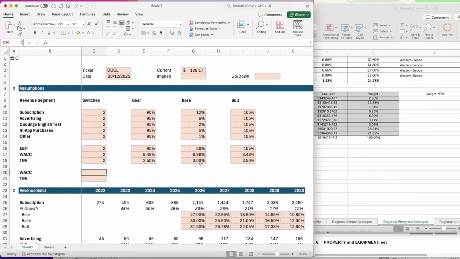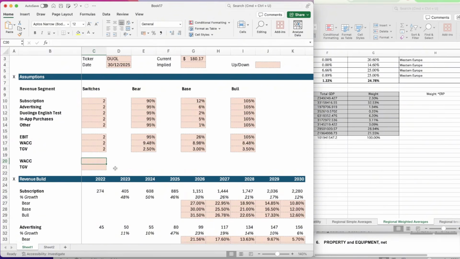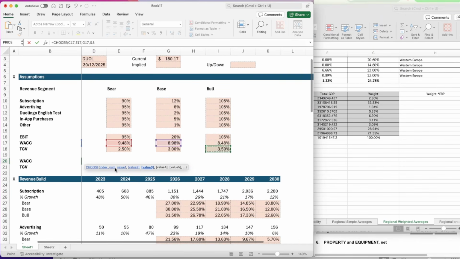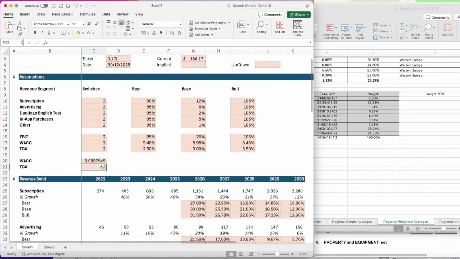Now we do exactly the same as we did here to create a switch, but we use the CHOOSE function. We just select all of these in order, put a comma after each one. There we have it.